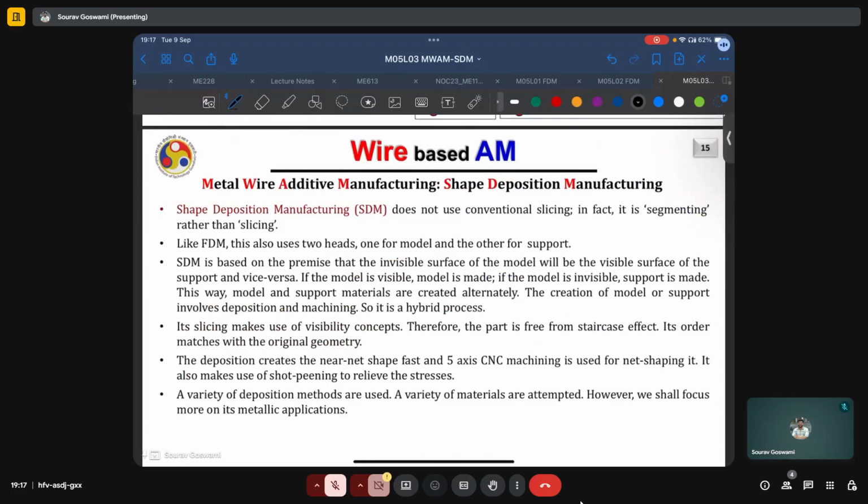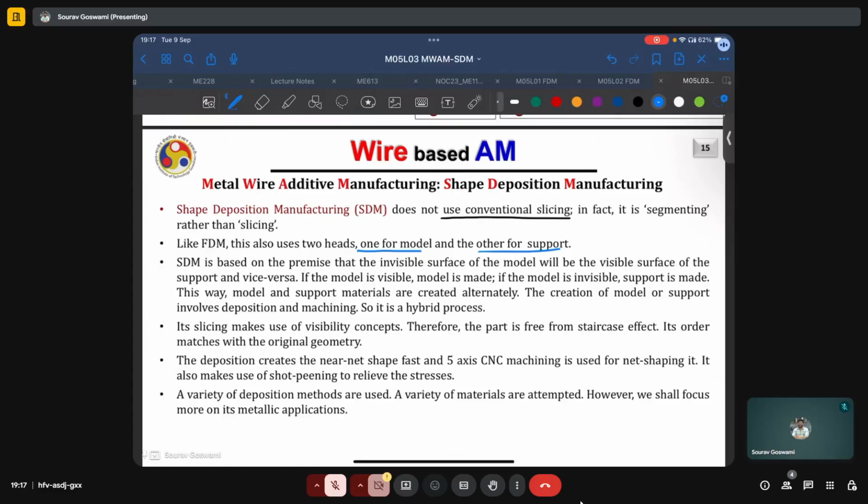Shape deposition manufacturing is one type of wire-based additive manufacturing which does not use our conventional slicing but rather uses segmenting. Like FDM, this also uses two heads, one for the model and one for the support.